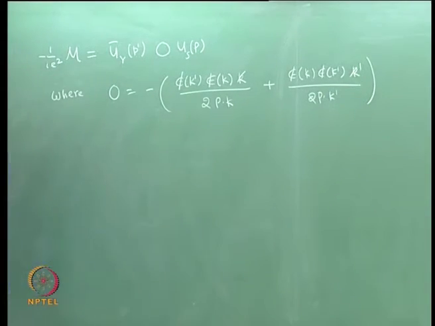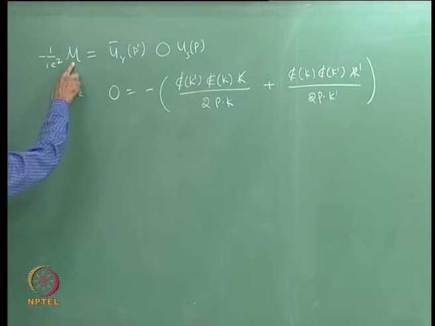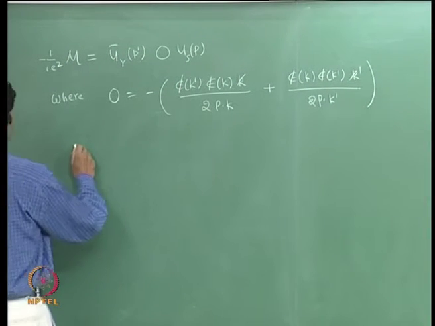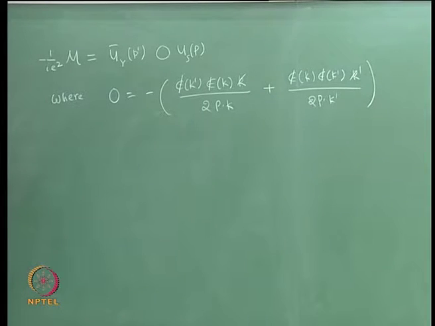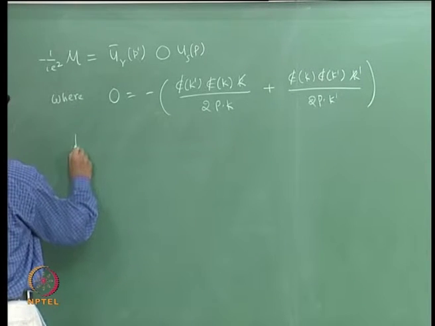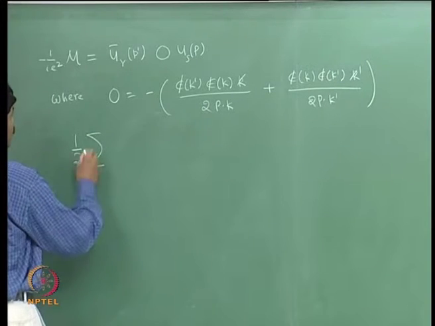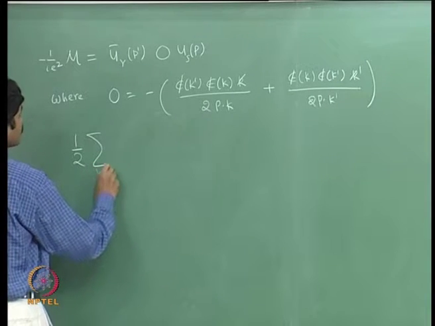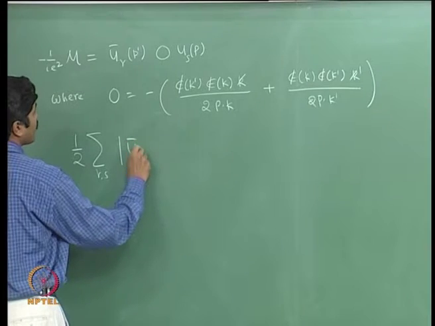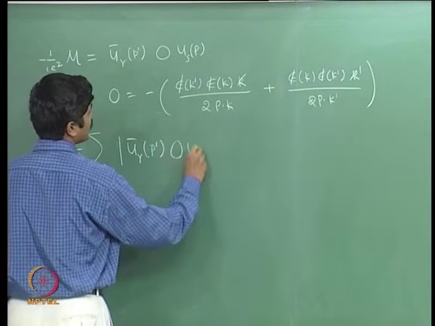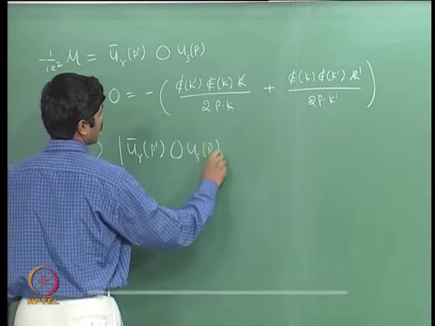What we need to evaluate is the mod square of this quantity. Also, we are not assuming any polarization for the incoming electron and outgoing electron. So what we need to evaluate is half sum over r s mod u bar r(p') O u s(p) mod square.